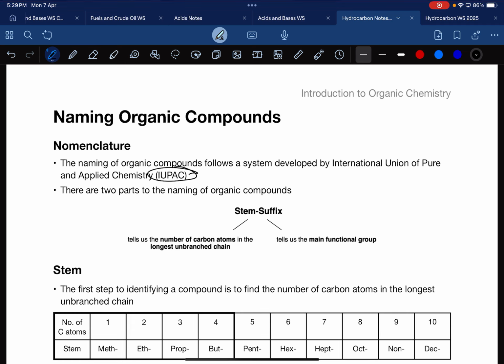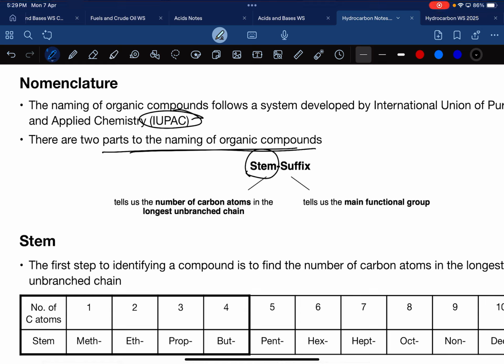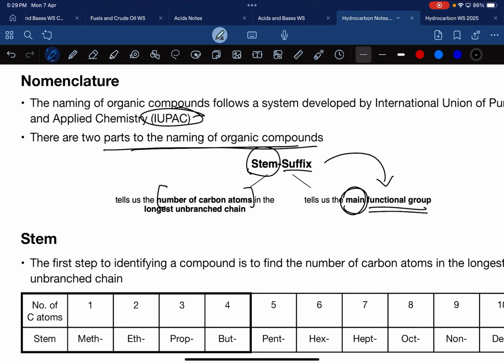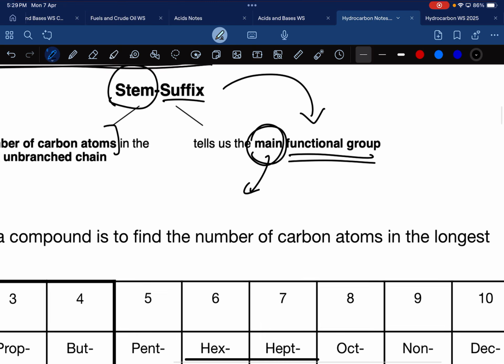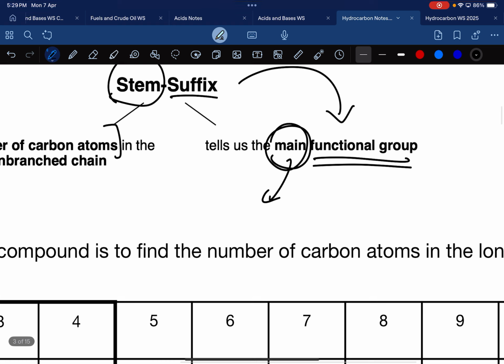There are 2 different types of names that we will talk about. One is the stem. The stem is what we've been talking about so far. It's based on the number of carbon atoms. Suffix, remember, is your surname, based on the main functional group. What does main mean? Let's outline something. The term main means longest carbon chain.